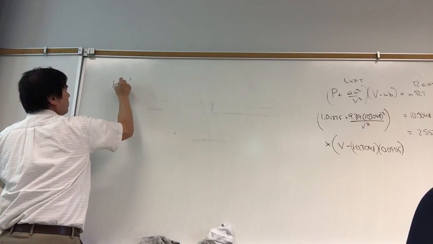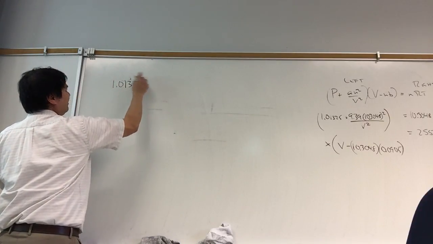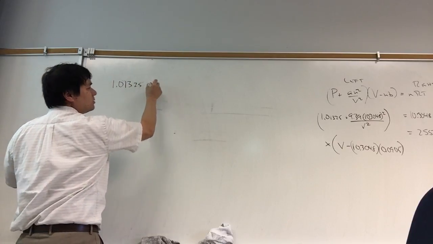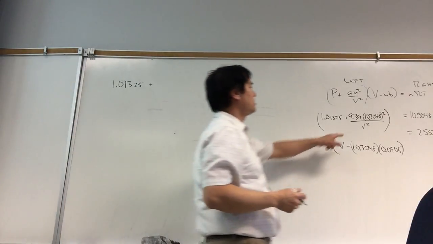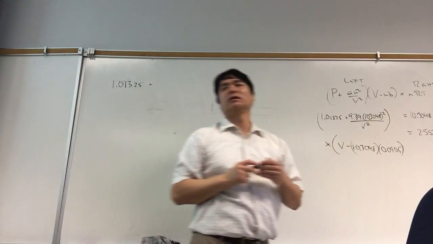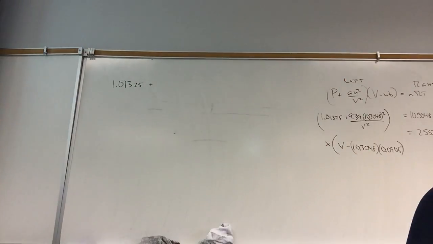Left is going to be 1.01325 plus, what's 9.39 times 10.3048 squared? What do you guys get?